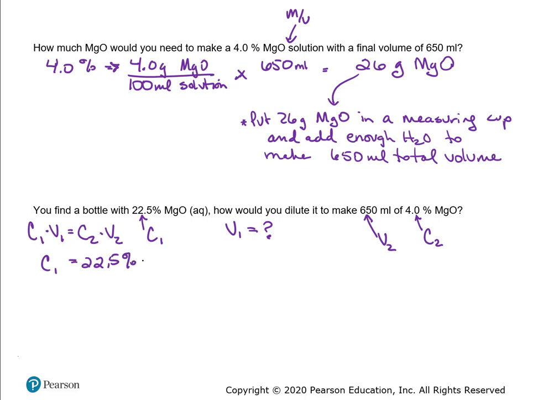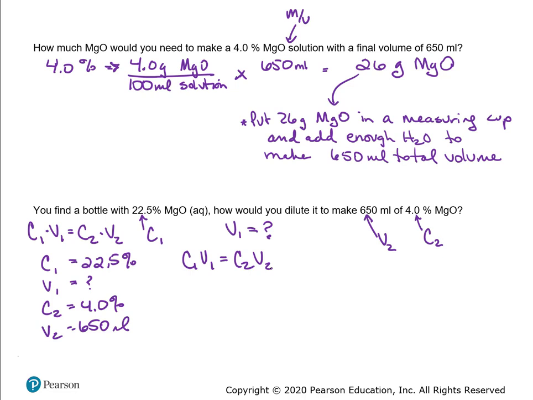And you could write it out just like you write out the gas laws to keep them all straight. So C1 times V1 is equal to C2 times V2.